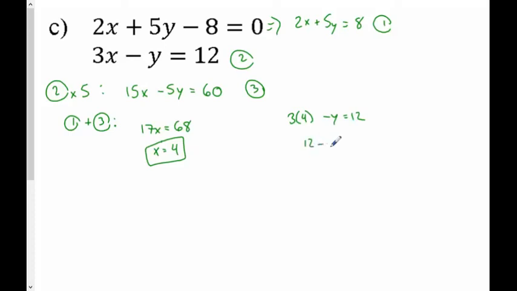So 12 minus y equals 12. So obviously y has to be 0. So my point of intersection is 4, 0.